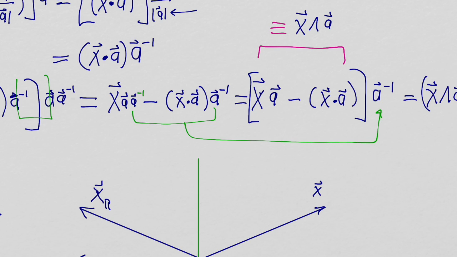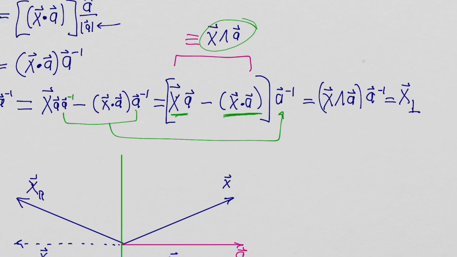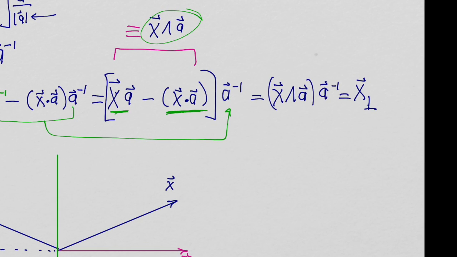And then I recognize that this is the geometric product of x with A. This is the metric contraction of x with A. So the geometric product minus the metric contraction is, in fact, the wedge product. So that is very simply reduced. So this whole term reduces to the wedge product of x with A multiplied by A inverse on the right, and voila, that is your perpendicular vector.